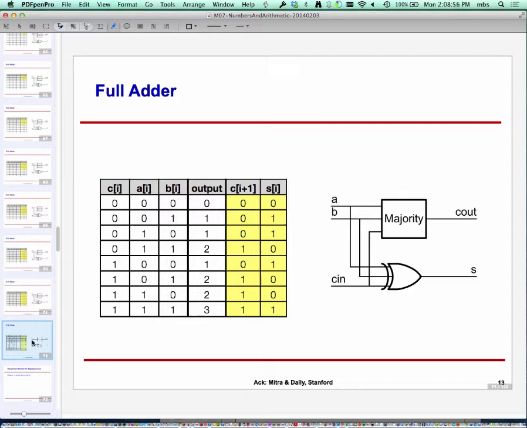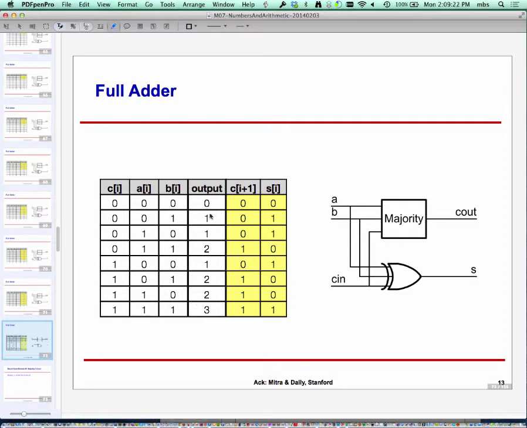So a full adder is taking 3 bits. And we conventionally call them A and B, which represent the 2 bits of the 2 numbers we are adding, and Ci, which represents the carry being fed to us from the previous bit position. But that is just nomenclature. You can think of it as just a third 1-bit number. So what we are really doing is adding 3 1-bit numbers.